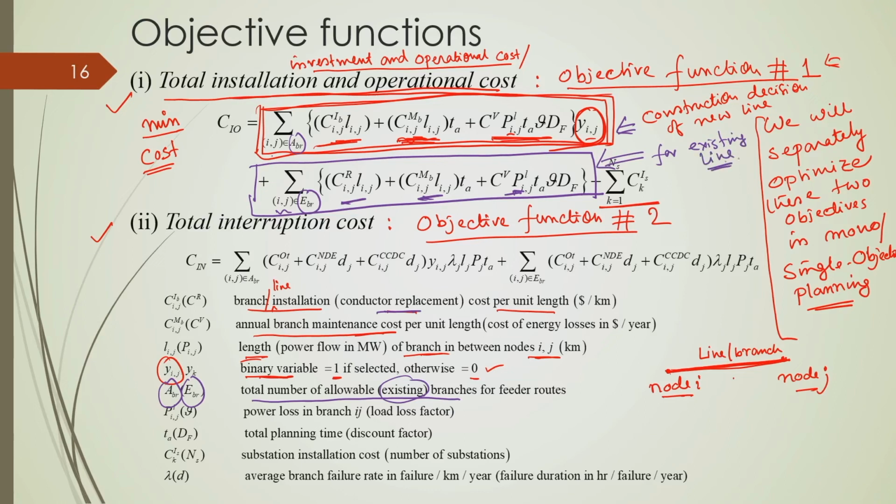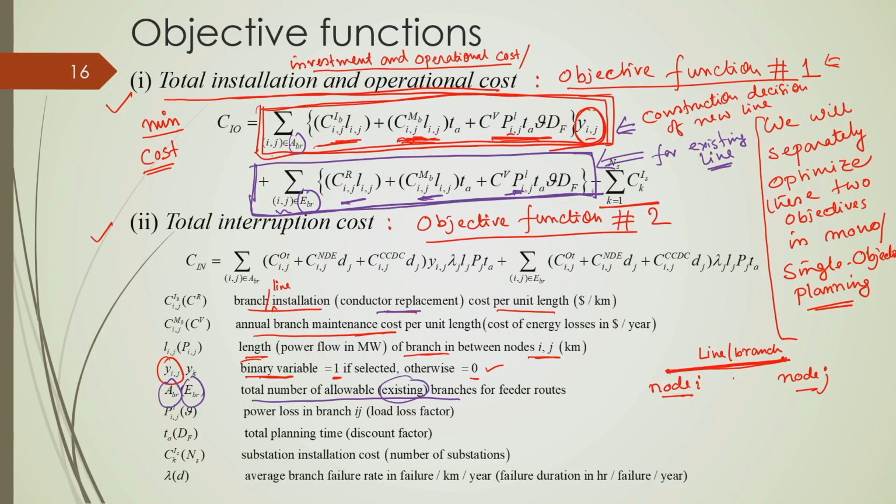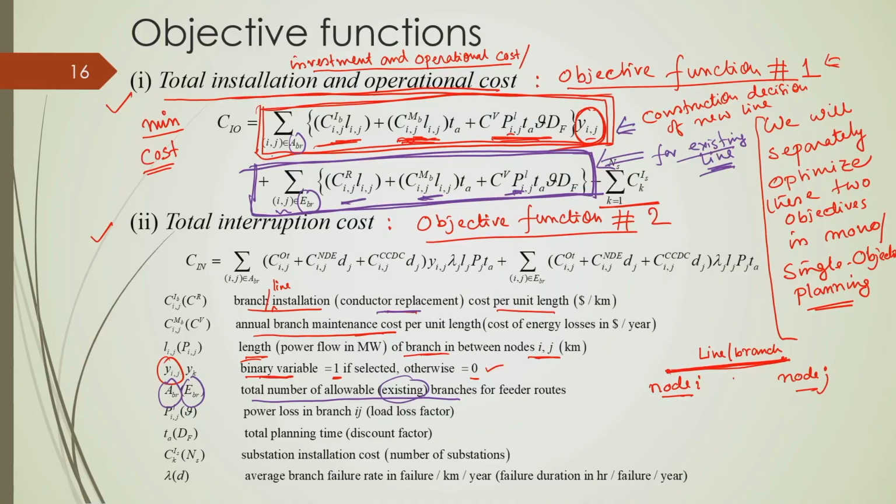Okay. If there is no existing line, or if one needs to design a brand new network, then this whole part would have been 0. So, this is only applicable if we have some pre-existing network which we need to expand. So, this is applicable for expansion planning.